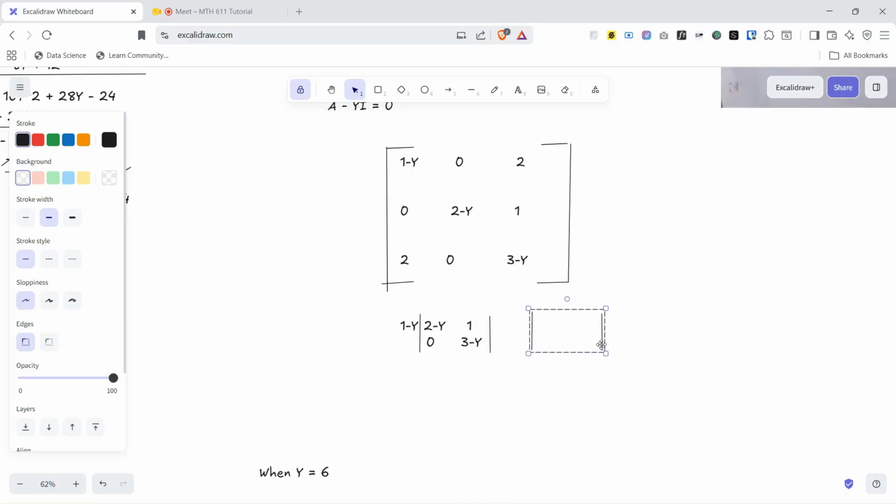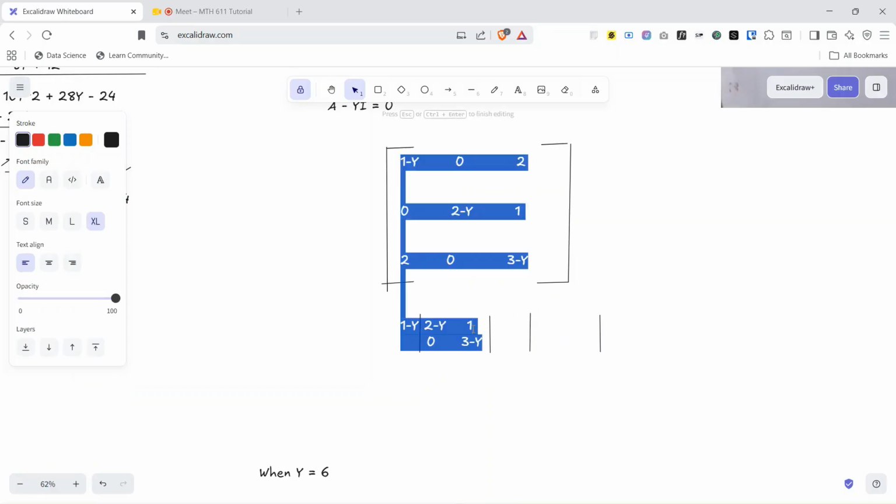This is minus 0. For this one, we are not going to calculate it because this is already 0, so it's going to nullify everything we already have outside of it.